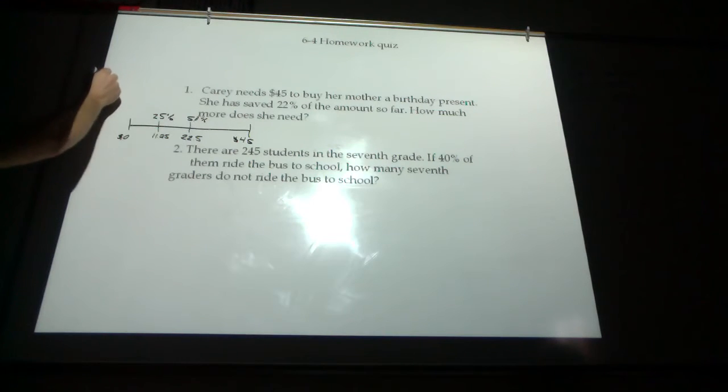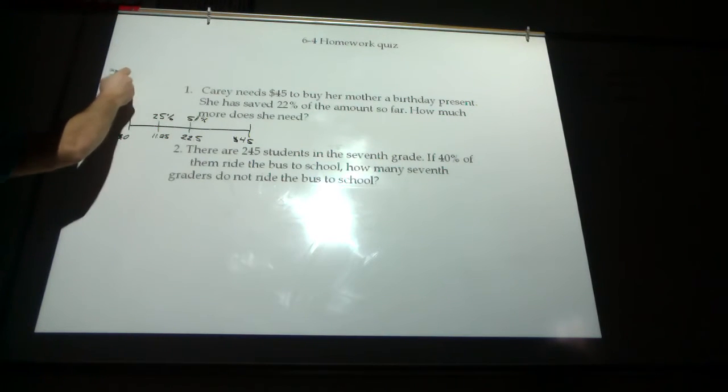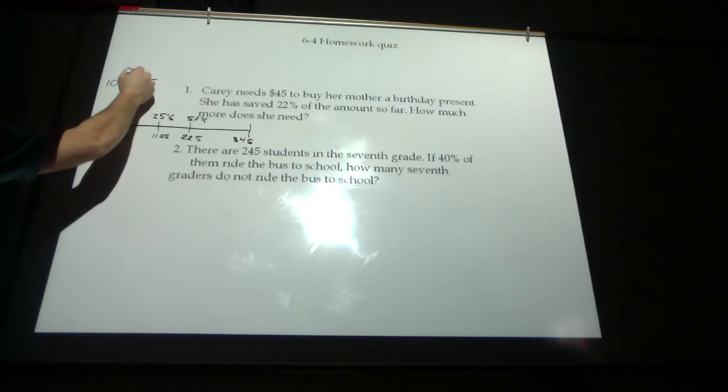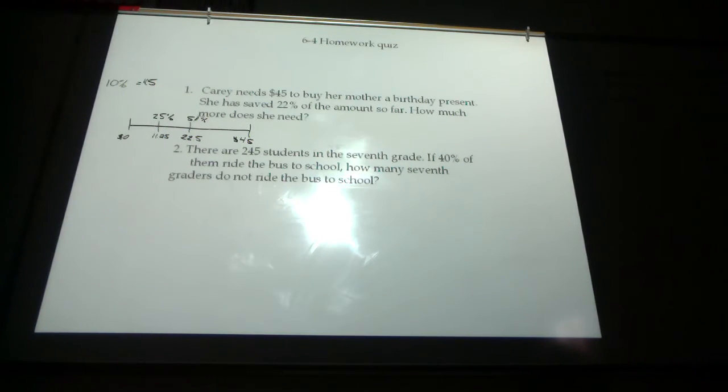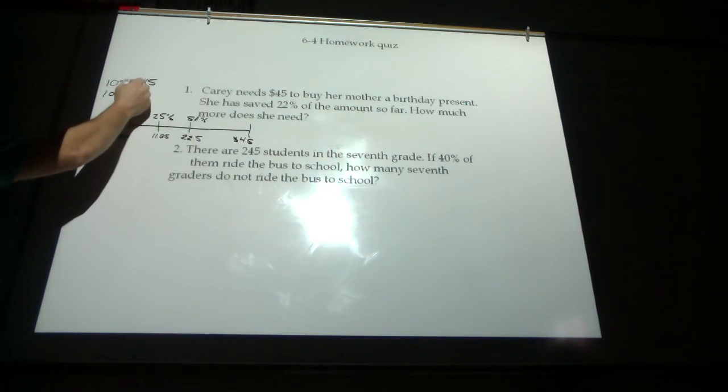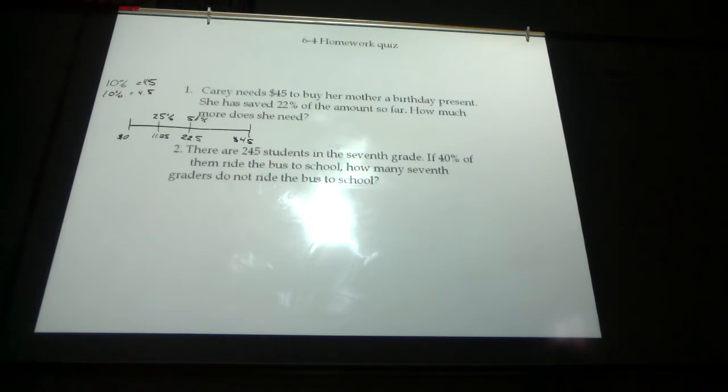If 10% equals $4.50, what would 20% be? It'd be 10% plus 10%, right? Or 4.5 plus 4.5.